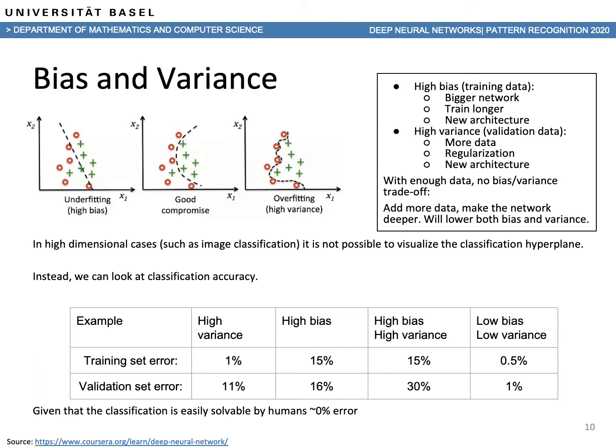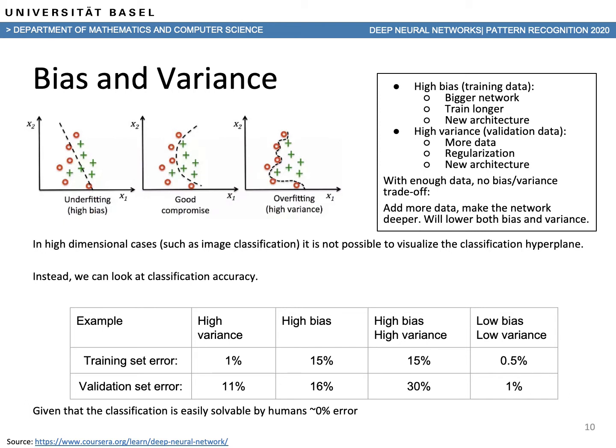So if you have high bias, you would often look at your training data, and here you could make the network bigger, make it have more parameters to train. You can train for longer, or also in regards to a bigger network, you can choose another network architecture.